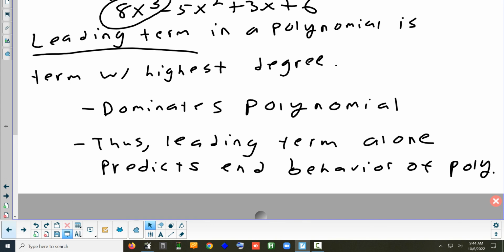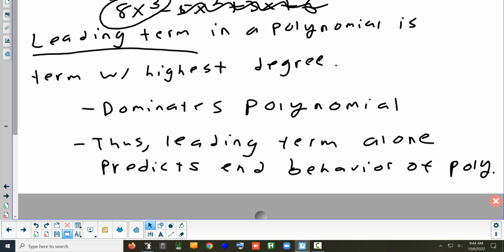It controls the whole polynomial. So what about the negative 5x squared plus 3x plus 6? You don't need it. Would it control little details? Sure, absolutely. There'd be little twists and turns you could see. But none of this matters when we're finding the end behavior.